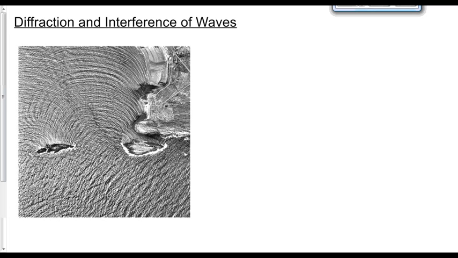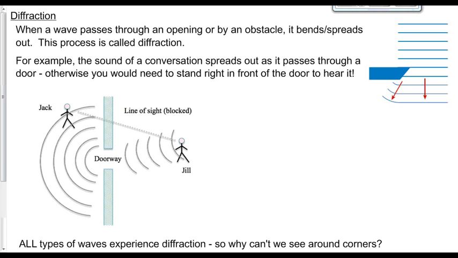So let's start with a description or definition of diffraction. Diffraction is the process of a wave bending or spreading out when it either passes an obstacle or goes through some sort of an opening. This is something you've experienced definitely with sounds. You can hear around corners, but you can't really see around corners.